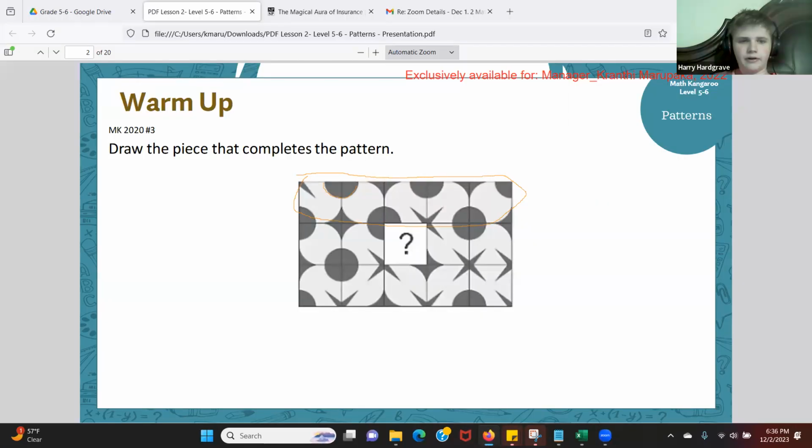We have these circles right here, and what appears to be an arc, and then another arc and a circle, and then a circle here, but instead of an arc we have a star, and then we have an arc up here. So we have star, circle, arc, circle, arc, circle.